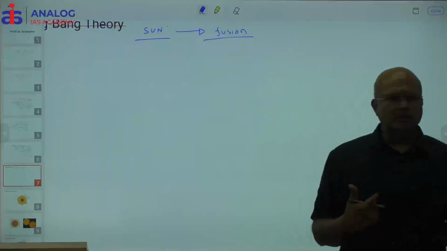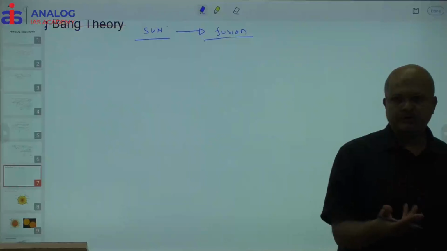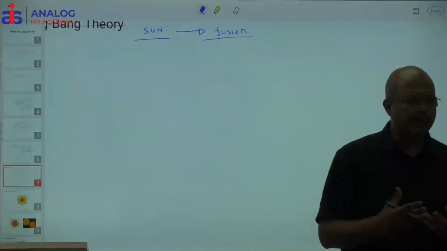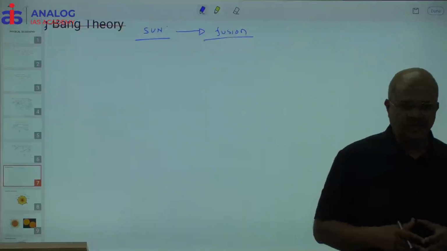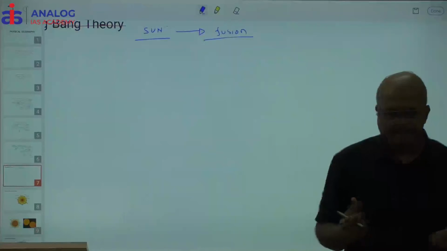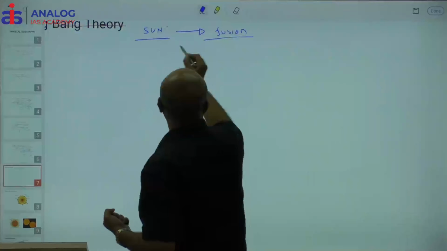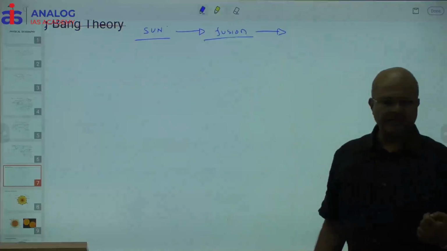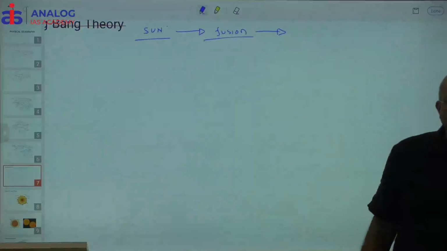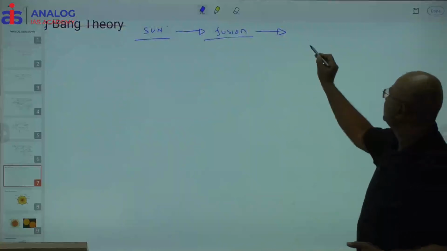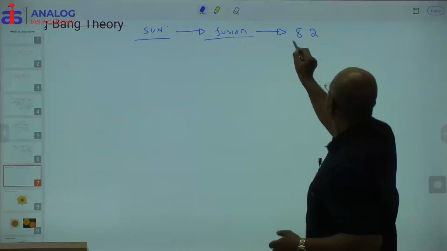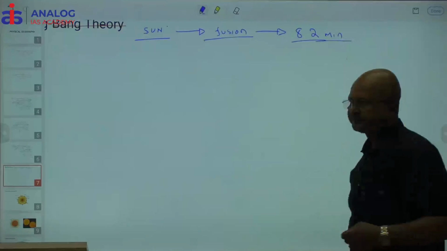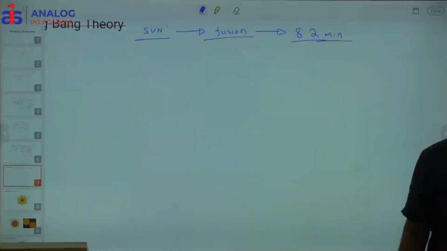When you talk about nuclear fusion, in the core of the Sun, hydrogen combines and provides huge amounts of radiation and magnetic energy. Now, how much time does the light of the Sun take to reach the Earth? 8.2 seconds? No, 8.8 minutes.